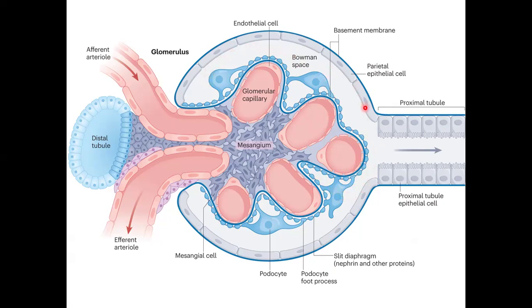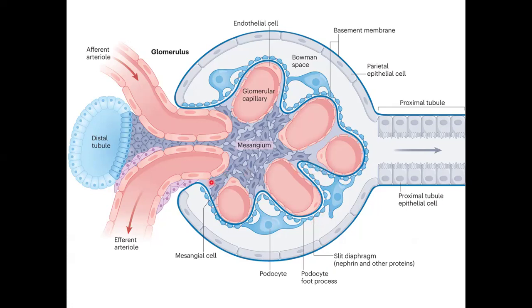So the main issue when it comes to glomerulonephritis is damage to this layer, the basement membrane, by immune complexes. Sometimes it could be toxins. Someone was bitten by a snake, or maybe they ingested some toxic substances and so on, and that causes damage to the basement membrane here.